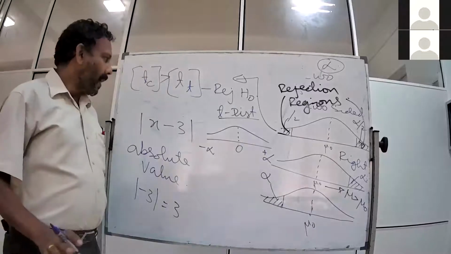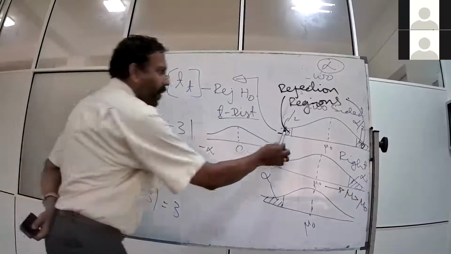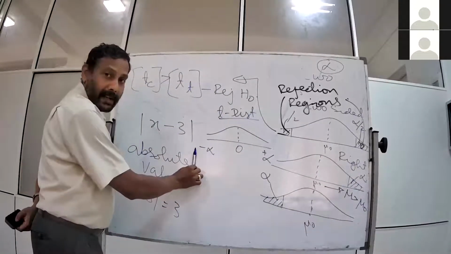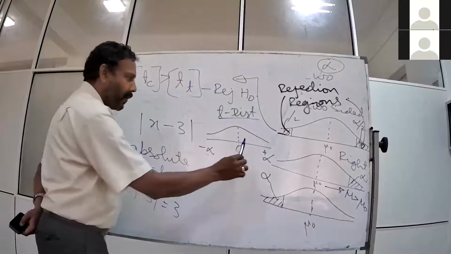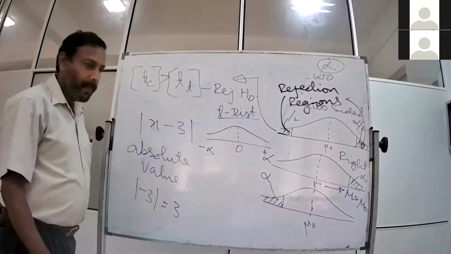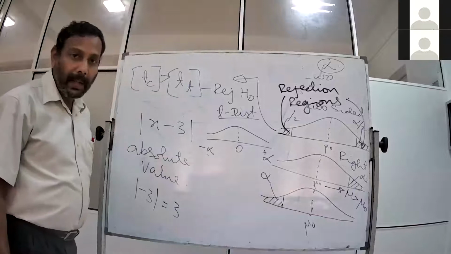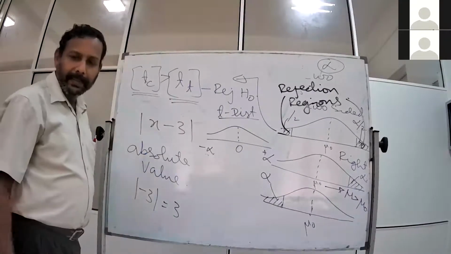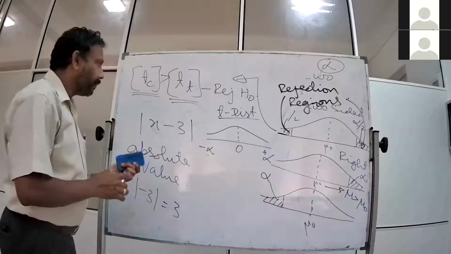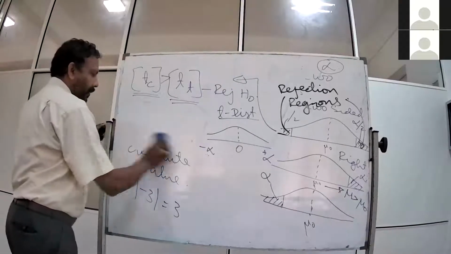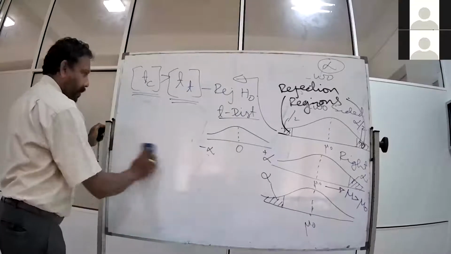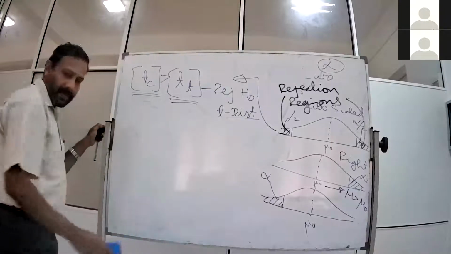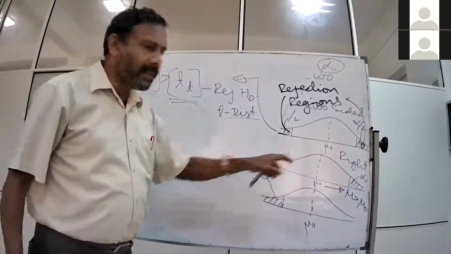Since we talk about zero, any value less than 0 can be a minus value and any value more than 0 could be a plus value. That is why we have put this absolute value term. I will erase this. Now let's come to the second, the right side.